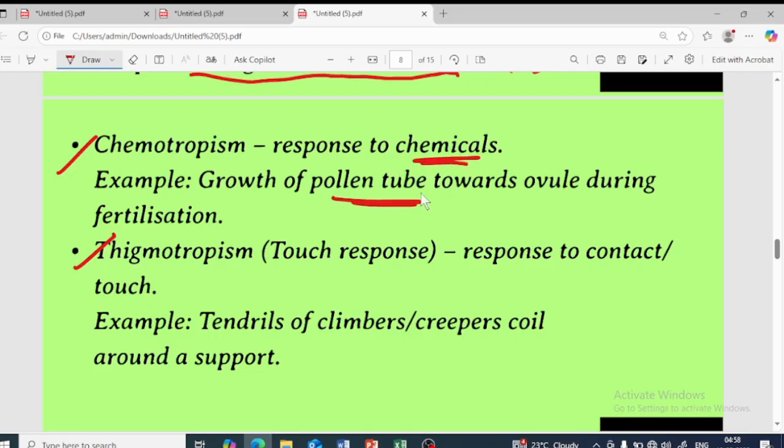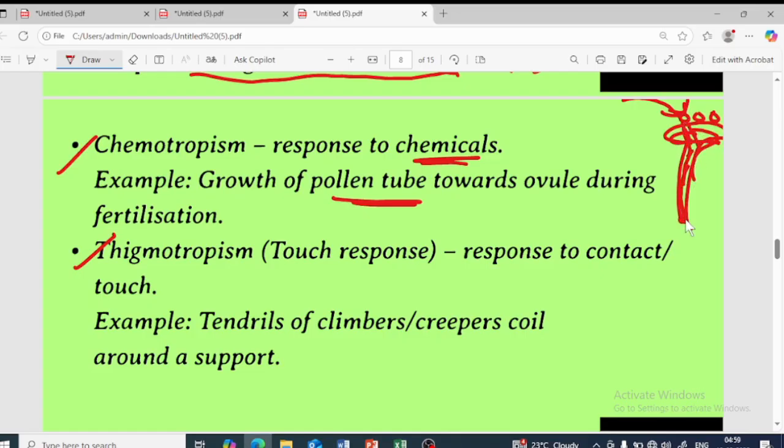For example, the pollen tube. So just imagine this is the stigma of the flower. So what happens? It is about fertilization, isn't it? The pollen grain will be placed here. As soon as it settles at the stigma, it develops a pollen tube. So this pollen tube, where will it reach?